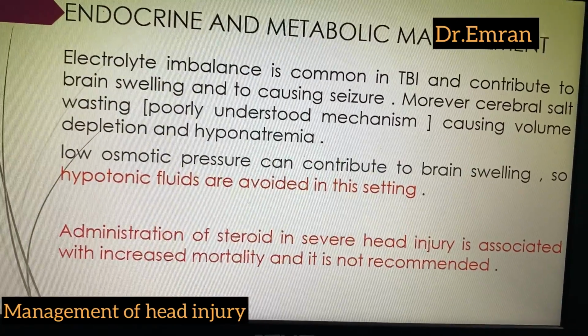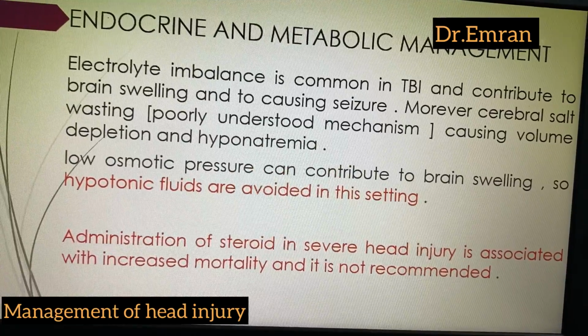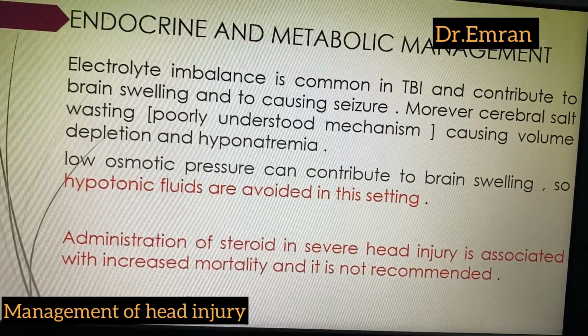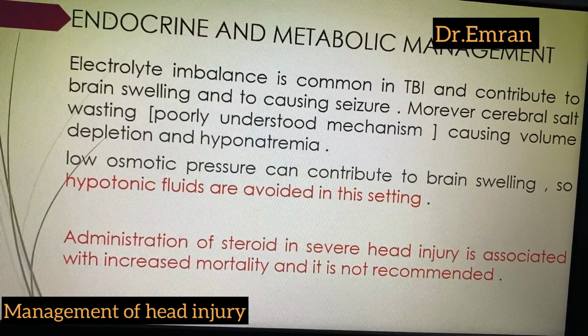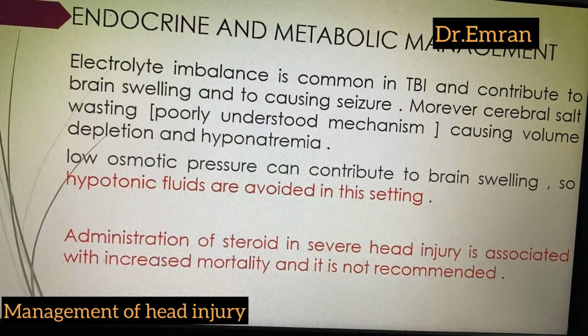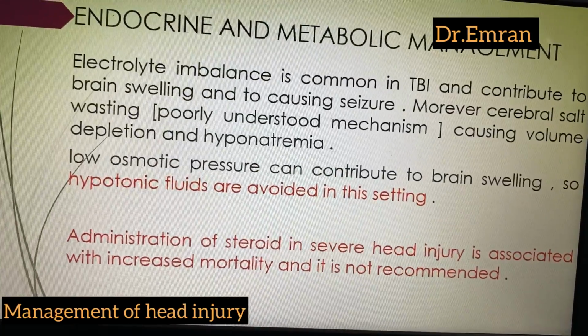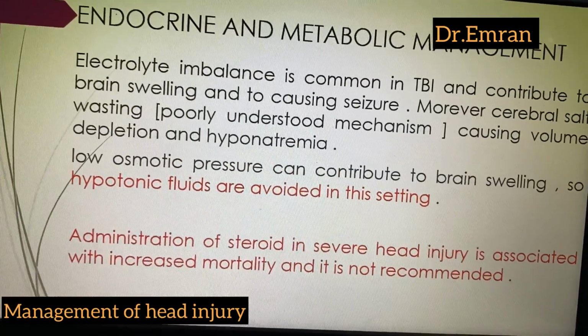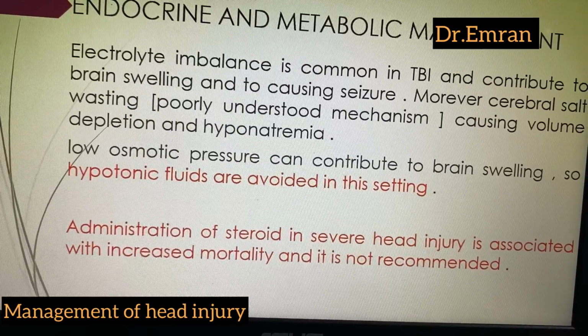And this is the slide for endocrine portion management. Electrolyte imbalance is very common in traumatic brain injury and contributes to brain swelling and causes seizure. And cerebral salt wasting or SIADH syndrome occurs in head injured patients. So the patient may suffer from hyponatremia.